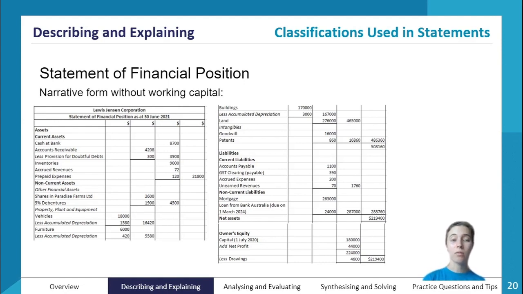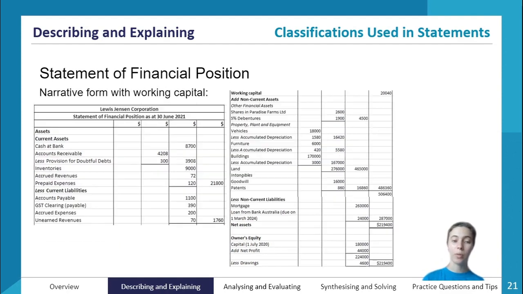On the other hand, when you do have working capital, you start off with current assets, which is the same, but then you go straight to subtracting current liabilities. So instead of having all of the assets to begin with and then the liabilities, you're focusing on what is current and then what is non-current.